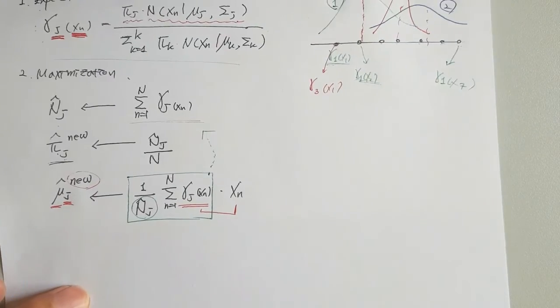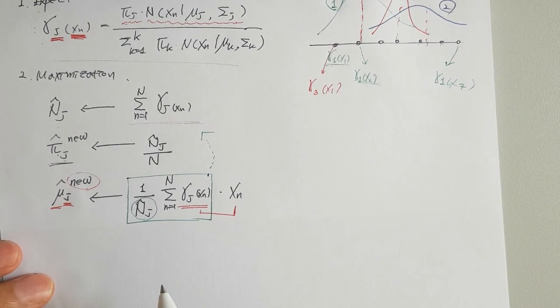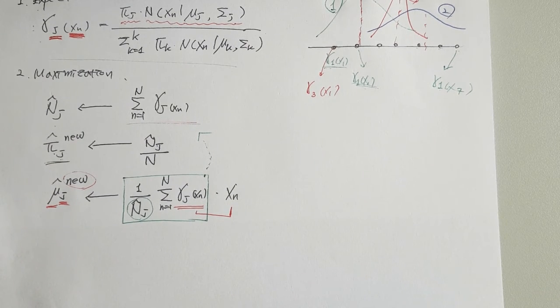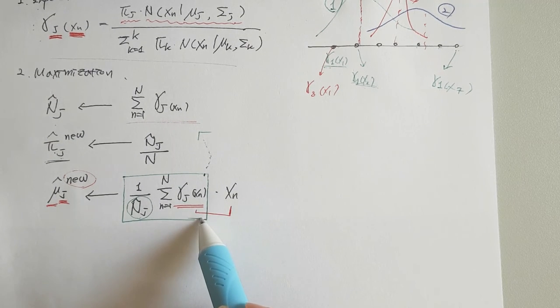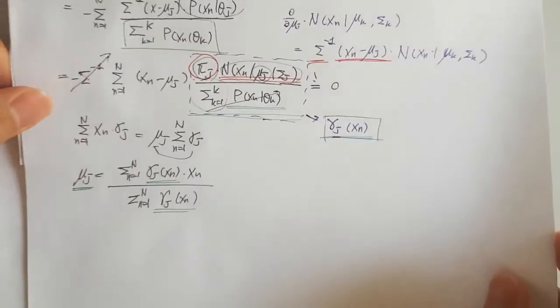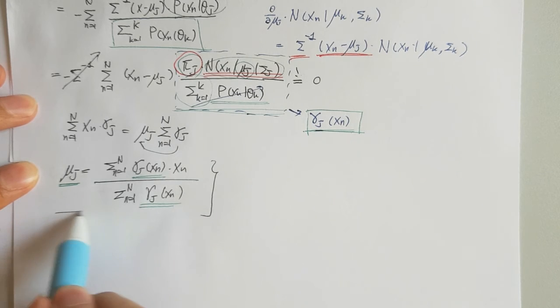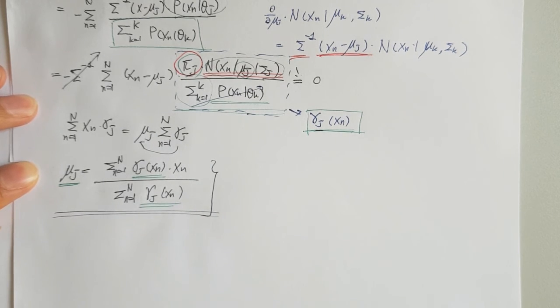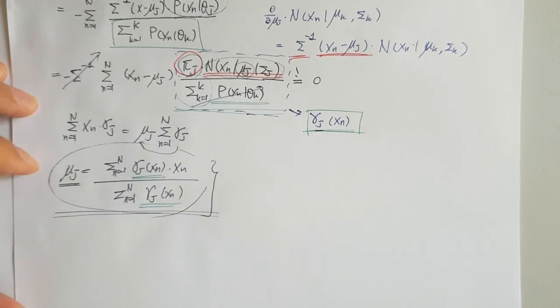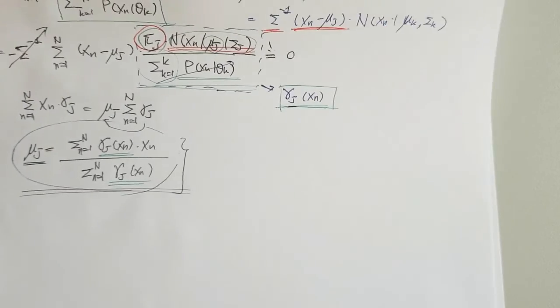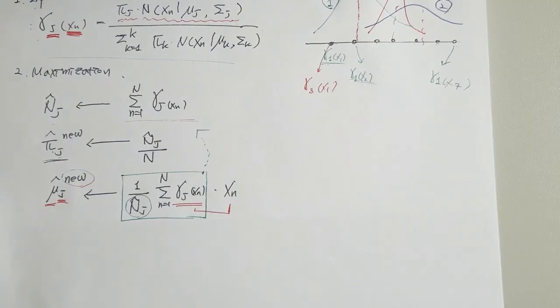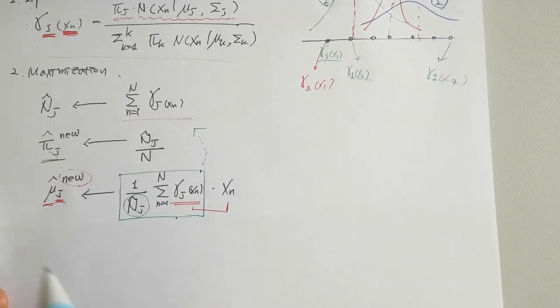Okay, and if you understand this step, the next thing will be easy. But before we go on to the variance, we already calculated that this is the best mean value, which minimizes the error or maximizes the likelihood. That's why we are using this equation for the new mean value. But it is really intuitive to understand.